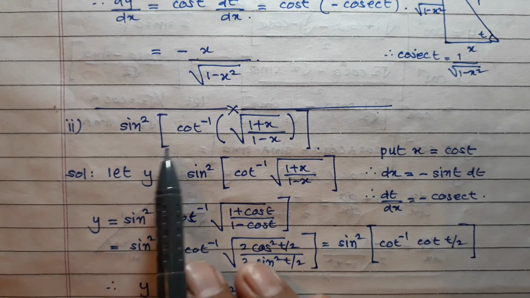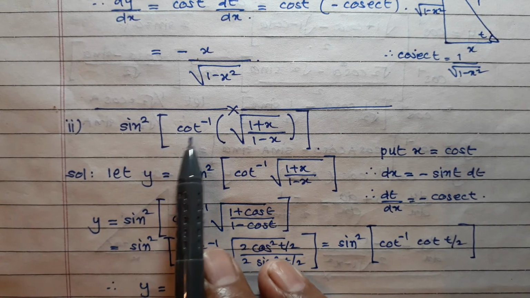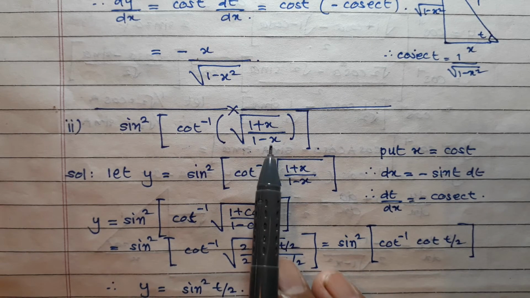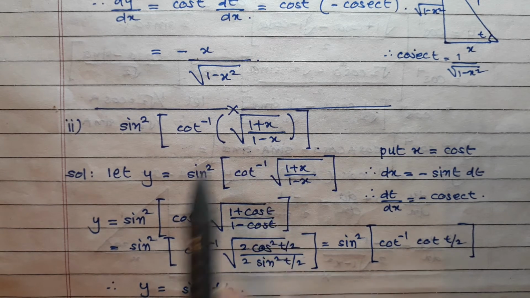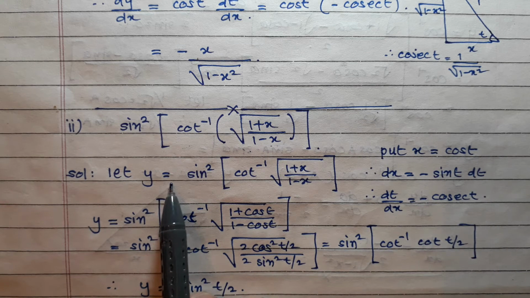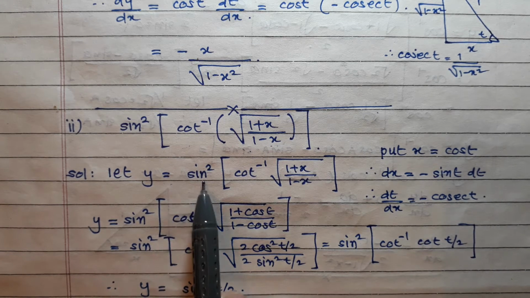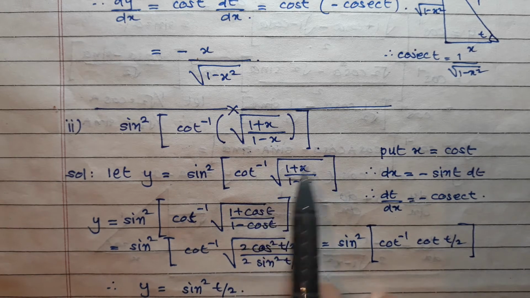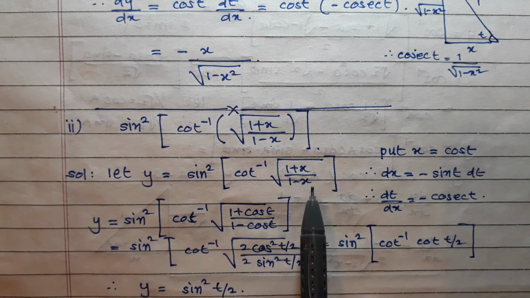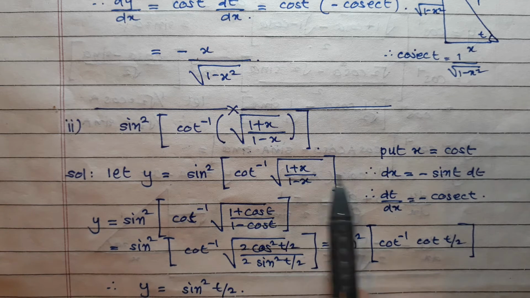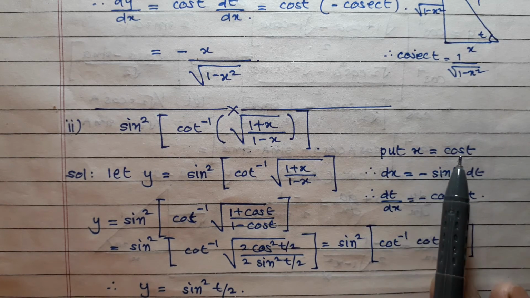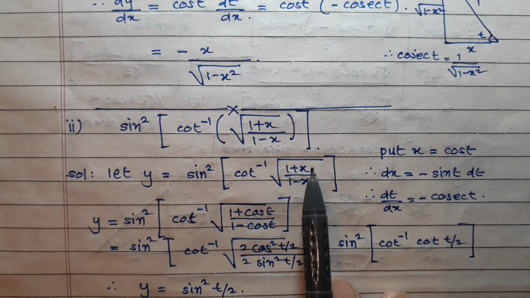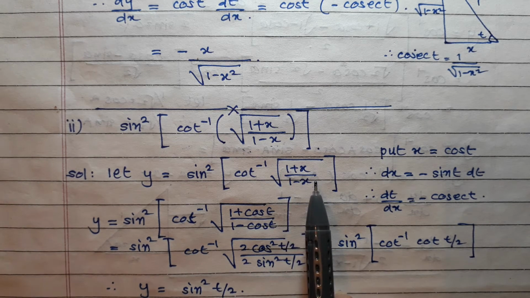Then question number 2. Sine square of bracket cot inverse under root (1 plus x) upon (1 minus x). Solution. Let y is equal to sine square cot inverse root (1 plus x) upon (1 minus x). Similarly, you put x is equal to cos t. So this is 1 plus cos t and 1 minus cos t.